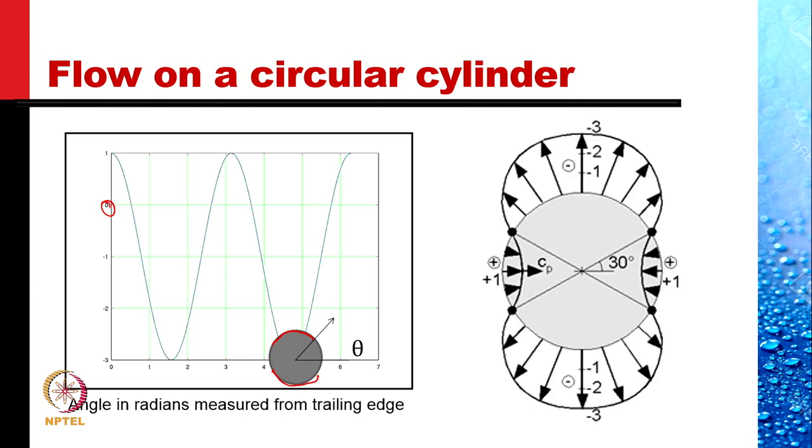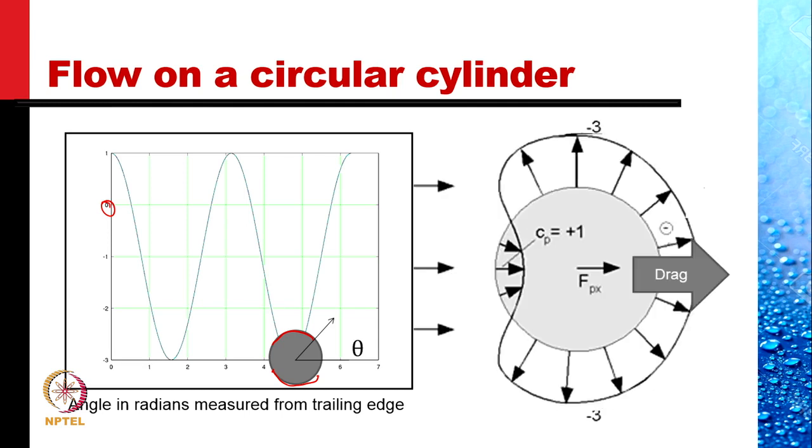This is what the pressure coefficient appears to be if we calculate using the Euler equation. But the actual pressure distribution is something like this, quite different from what we calculate using the Euler equation.